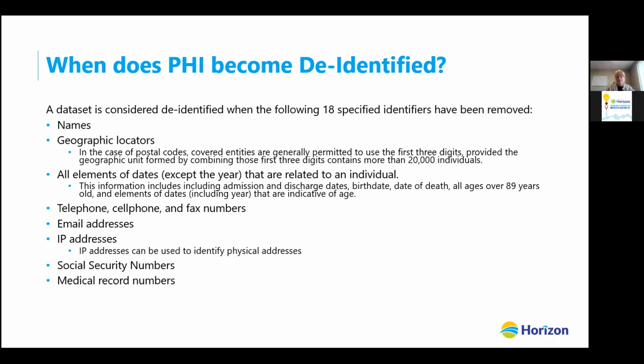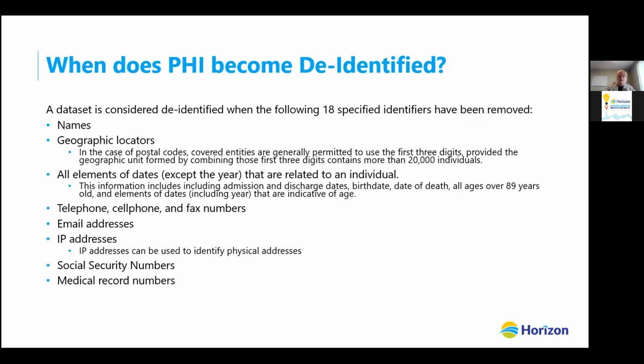Telephone numbers, cell phone numbers, fax numbers, which hopefully will disappear soon, fingers crossed, especially in healthcare. Email addresses, IP addresses. IP addresses can be used to identify physical addresses. Social security numbers, medical record numbers. So here in this institution, it's PPRN, and in Moncton, it's MRN.